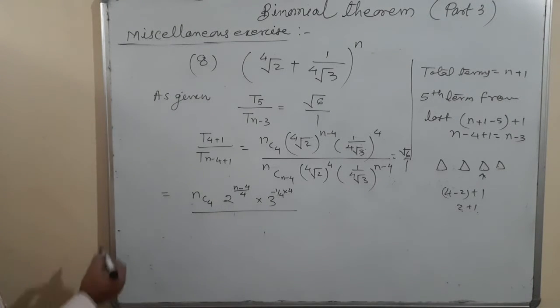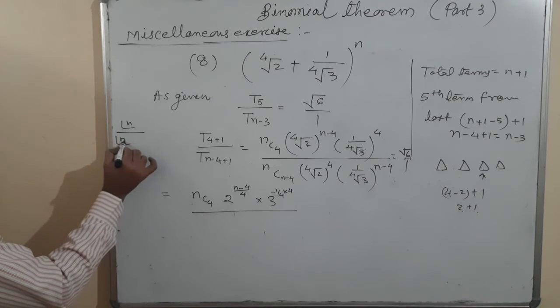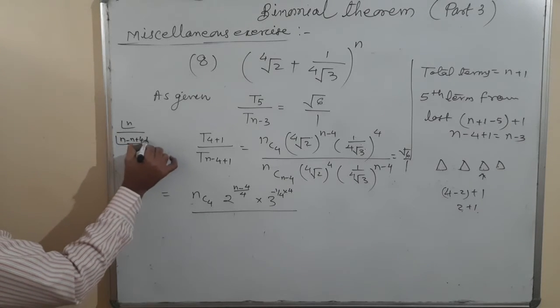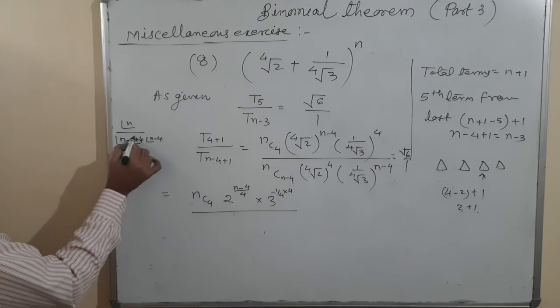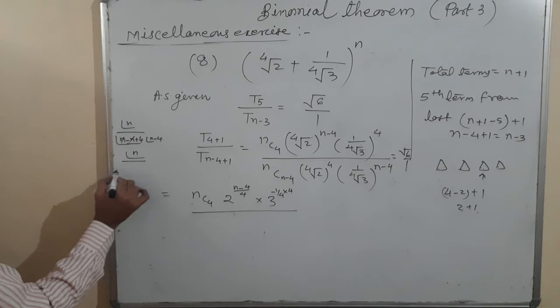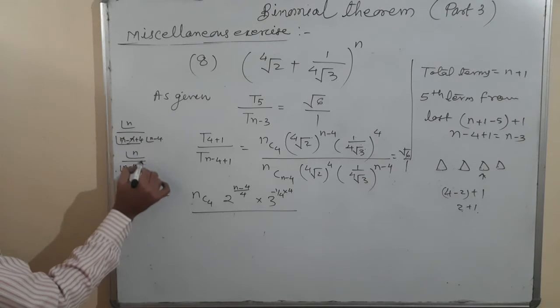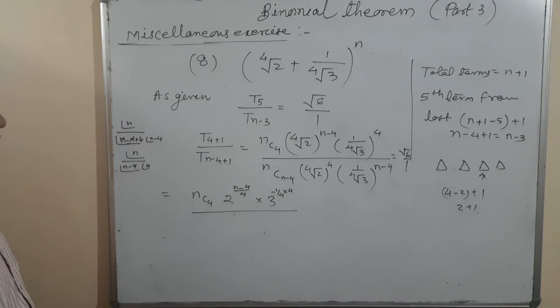What is the value of nC n minus 4? Factorial n upon factorial n minus n plus 4, upon factorial n minus 4. And n cancels: factorial n upon factorial n minus 4 into factorial 4.